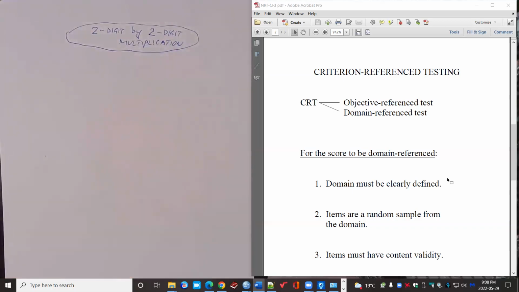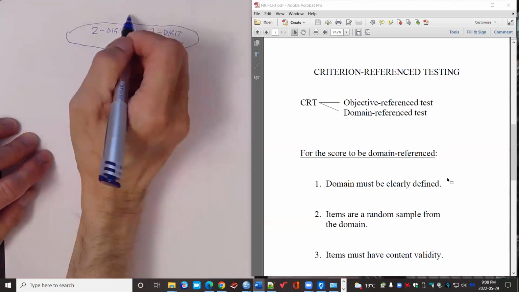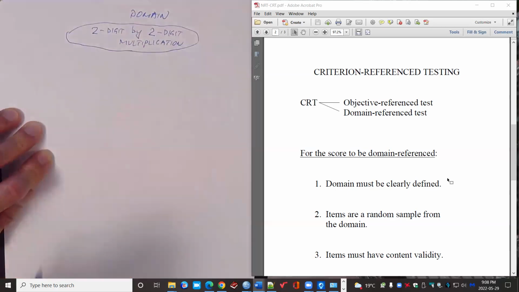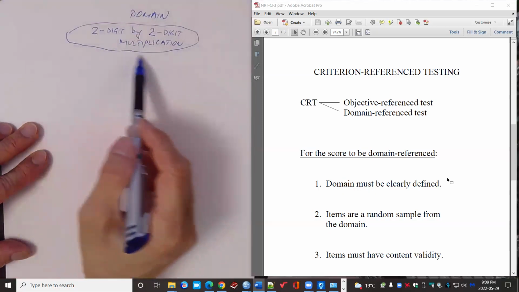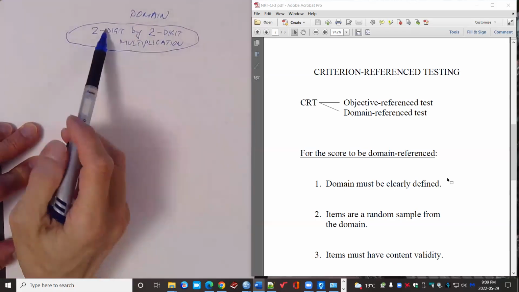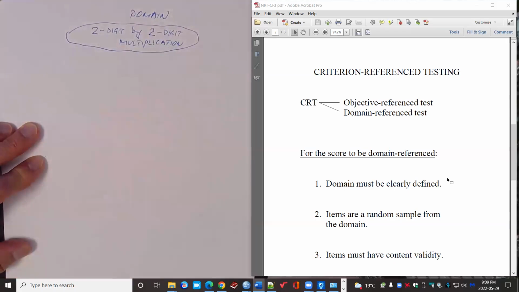So this domain here, or you can call it objective, is the population of all 2-digit by 2-digit multiplication items.